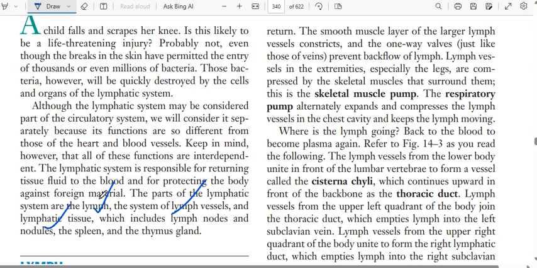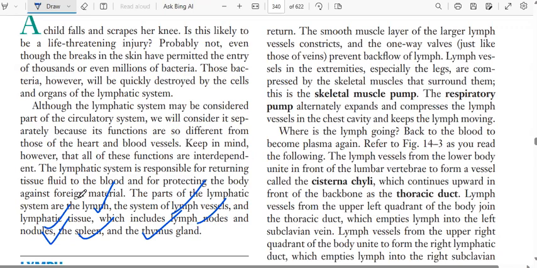In the lymphatic tissues, you have lymph nodes, nodules, spleen, and thymus gland. So this is the whole lymphatic system: lymph, lymph vessels, and lymph tissues.